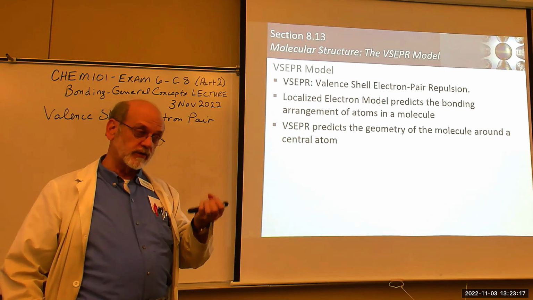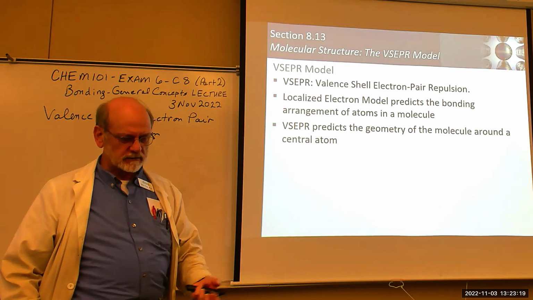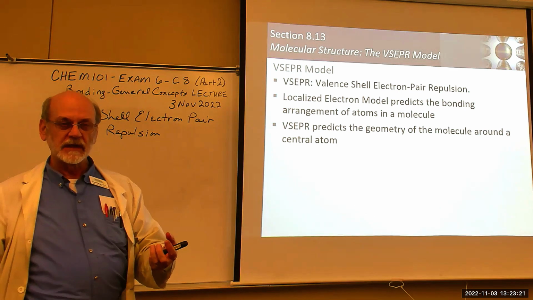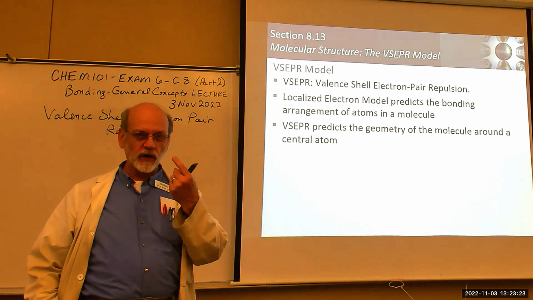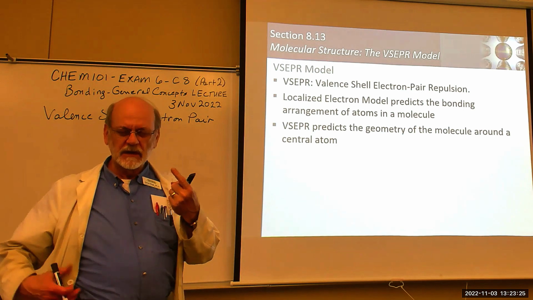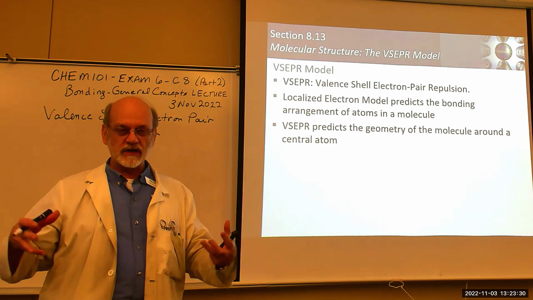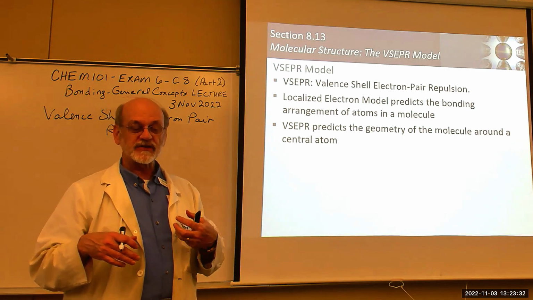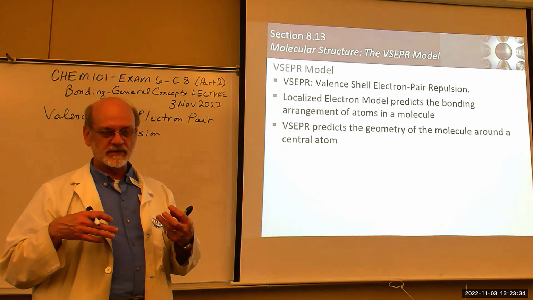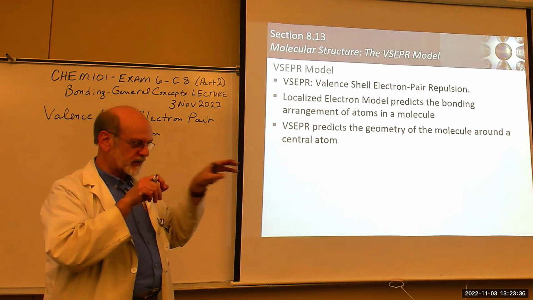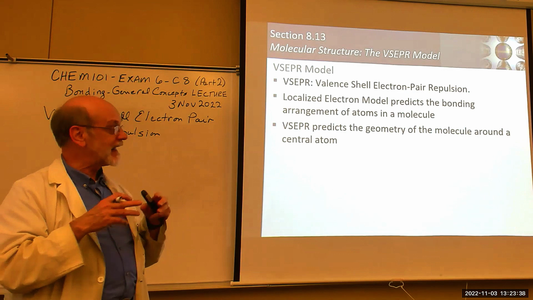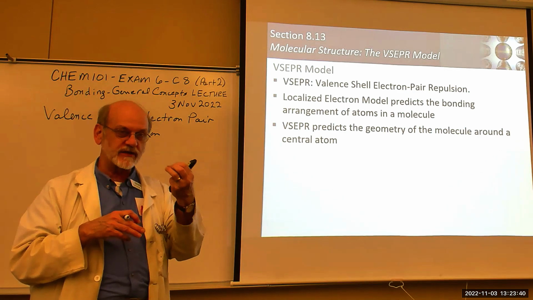So for simple molecules like ammonia, or water, or carbon dioxide, that's no problem. We've just got one central atom. But this model can be extended to larger molecules where you have the possibility for multiple central atoms. You can focus on each central atom independently, and it can have a different geometry around that central atom.